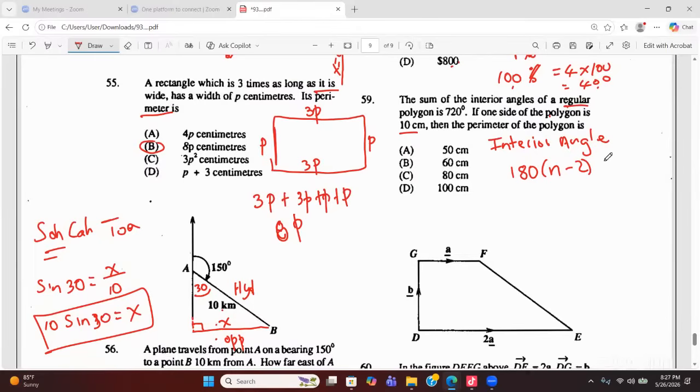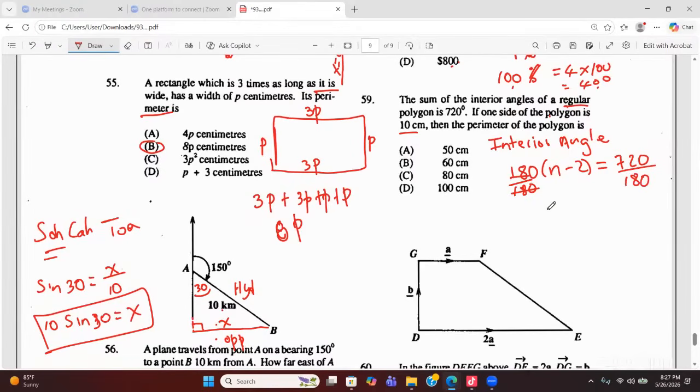But now we don't know the sides, but we have the total interior angle. This can help you know how many sides it has. Remember the formula: 180(n minus 2). n refers to the total number of sides. So now divide both sides by 180. Make it easy.